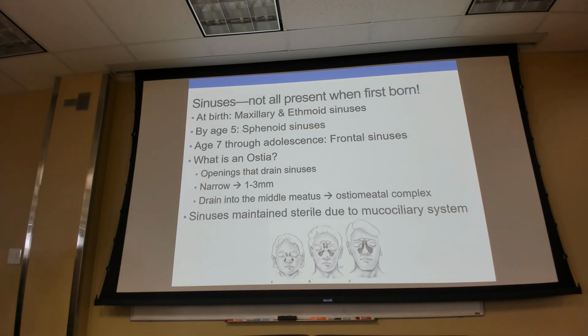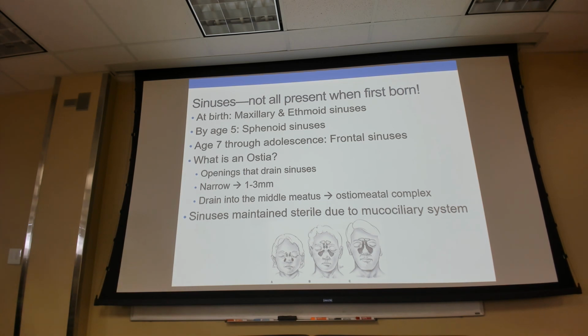That takes us to sinusitis, which is different for a kid because they don't come out with all of their sinuses fully formed. So if somebody says, hey, I think this 6-month-old has sinusitis, you should be very cautious, because they don't even have the right anatomy yet. As a reminder from embryology and physiology, you come out with your maxillary and ethmoid sinuses.